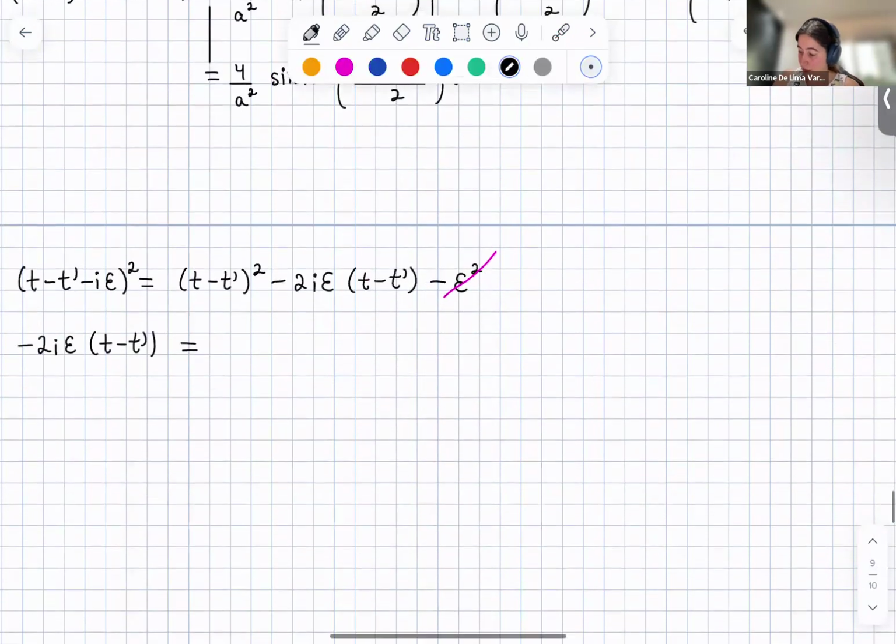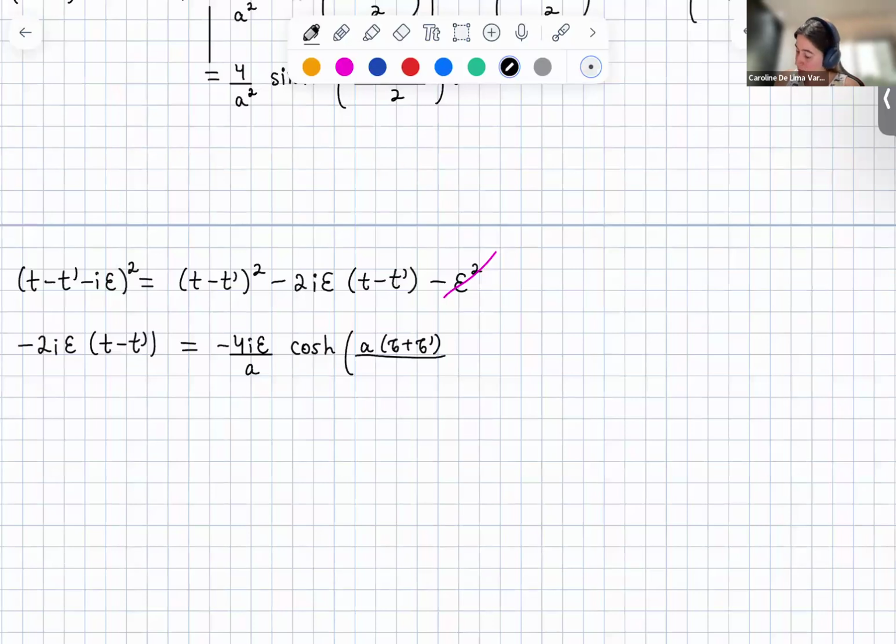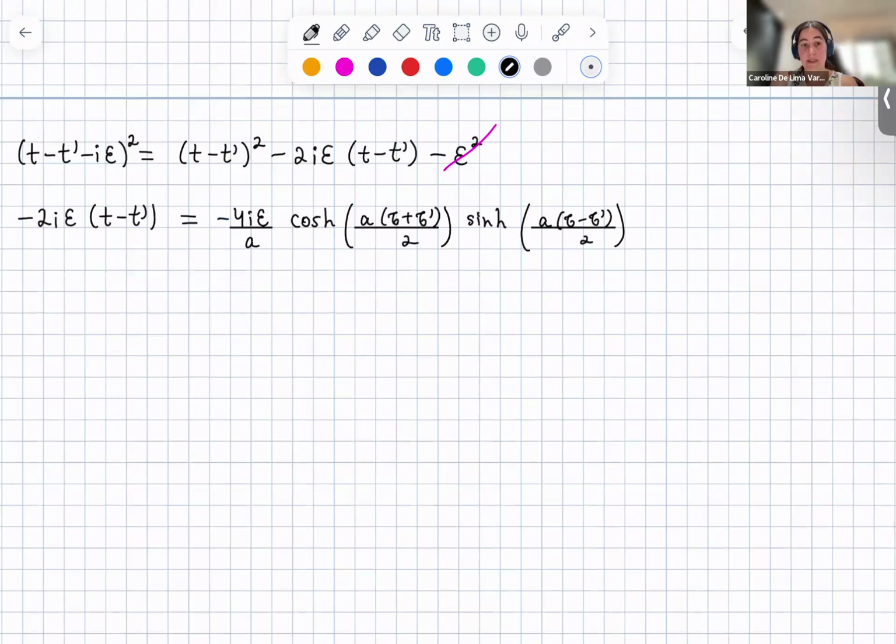So what I have is minus 4i epsilon over a times cosh of a times (tau plus tau prime) over 2 times the hyperbolic sine of a times the difference. So this is what we will obtain.